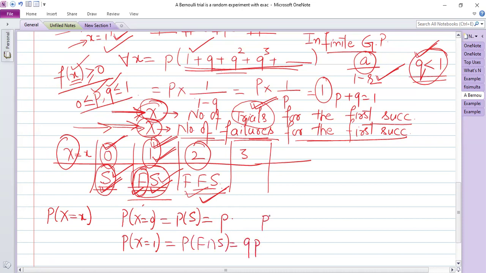Then the probability of x equal to 2 is nothing but the probability of failure, failure and success, which will be nothing but, sorry, it should be q square p.